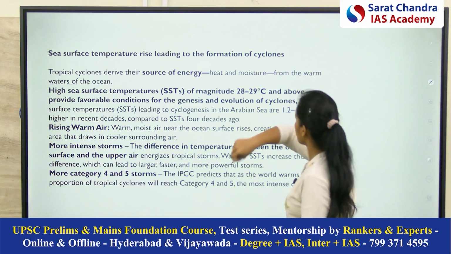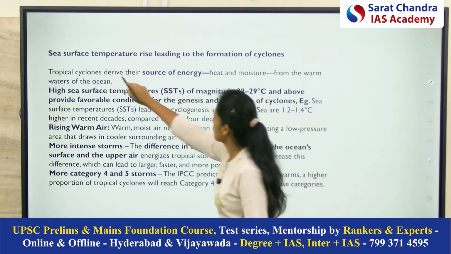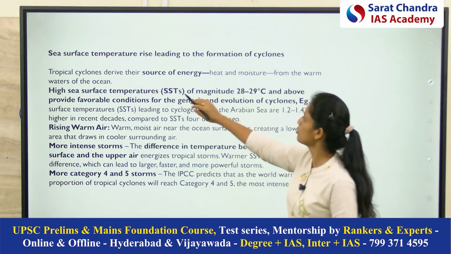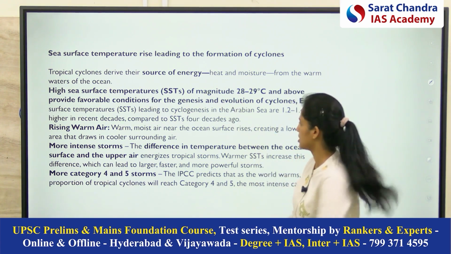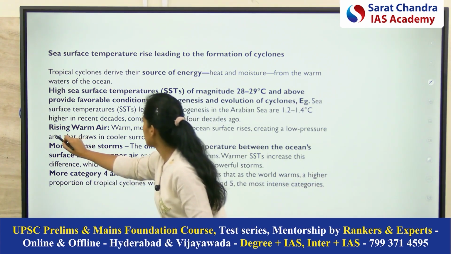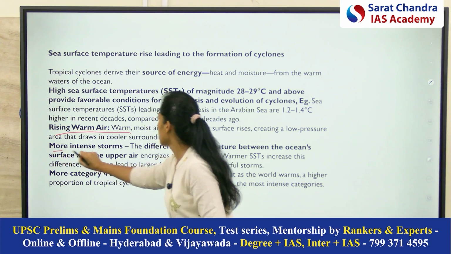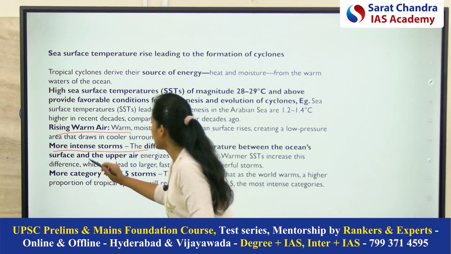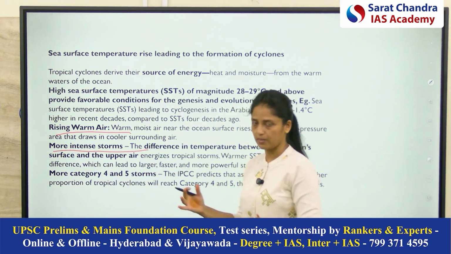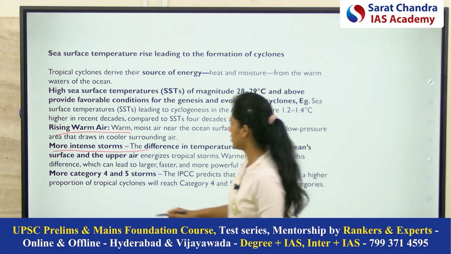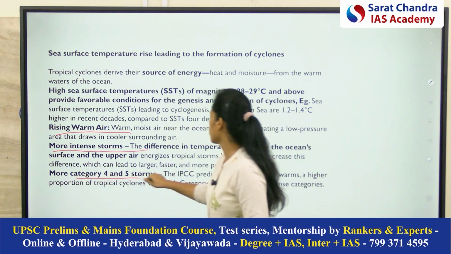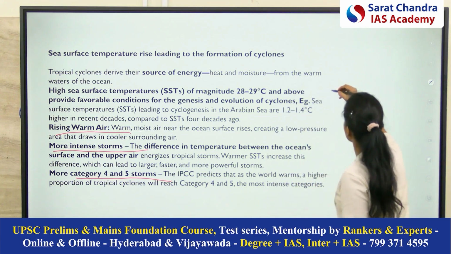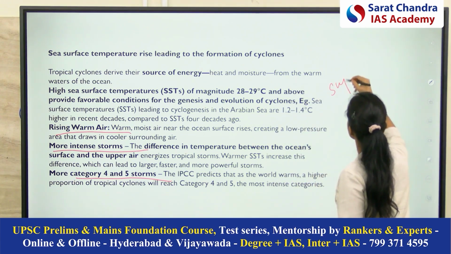Now, we have already discussed the phenomena of how sea surface temperature is leading to cyclone formation. So basically, it is the rising of warm air and more intense storms, and if the storms are more intensified, they can come in the category of 4 and 5. And you can also see the condition of super cyclone.